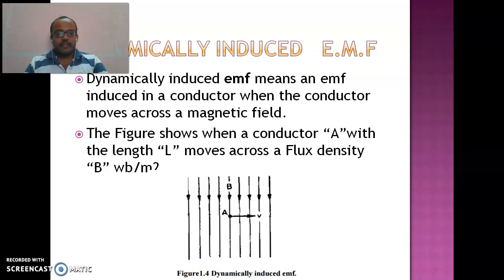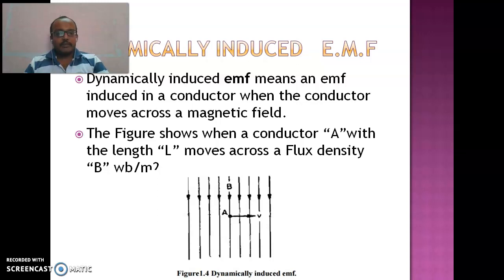Okay, in a dynamically induced EMF, either the field or the conductor should rotate. Dynamically induced EMF means an EMF induced in a current conductor when the conductor moves across a magnetic field.